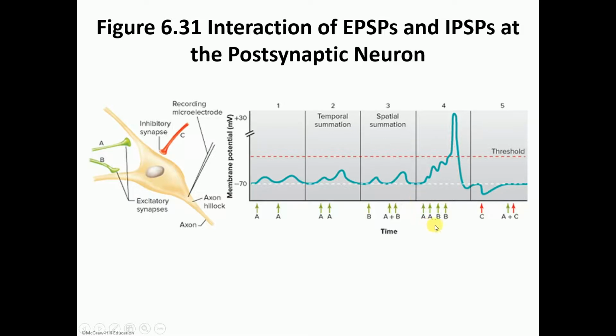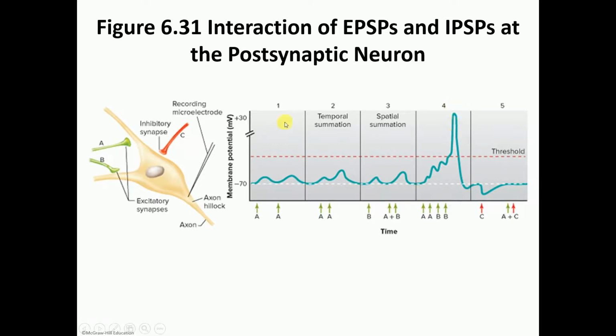What if you're getting stimuli from both of them together and they're all adding up to a lot of stimulation, so a lot of EPSPs to the point where you have reached the threshold? At that point, you will get an action potential. So again, if you add up EPSPs, you can eventually get an action potential.